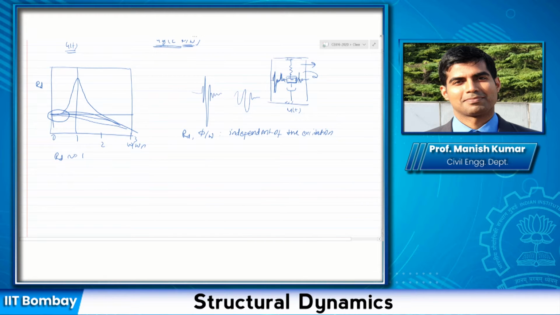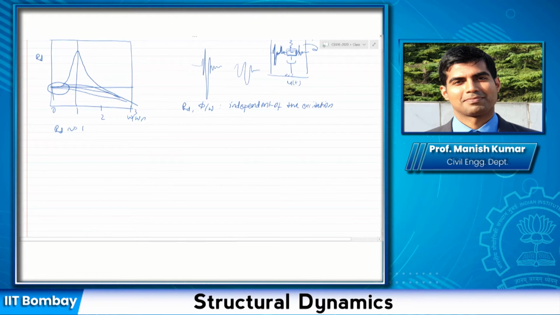If we look closely, up to omega by omega_n smaller than 0.5, and for the damping curve with a value of approximately 0.7 or 70%, R_d is almost equal to 1. So it is independent of the applied frequency.